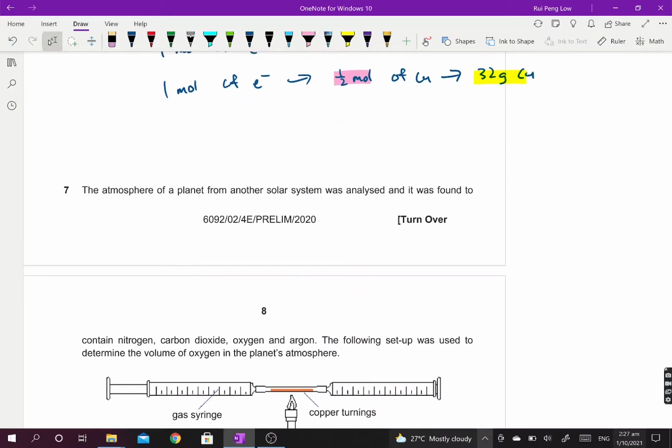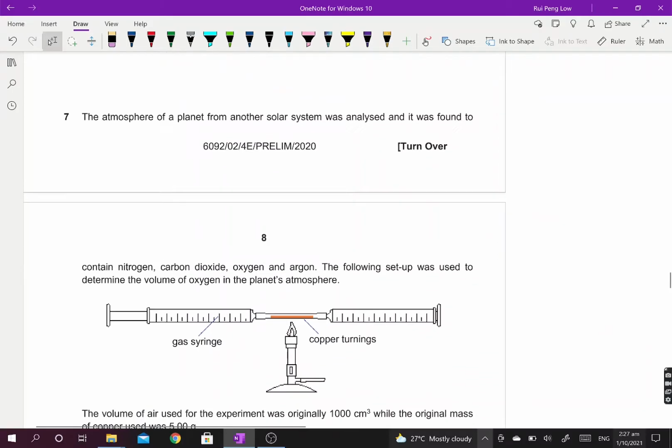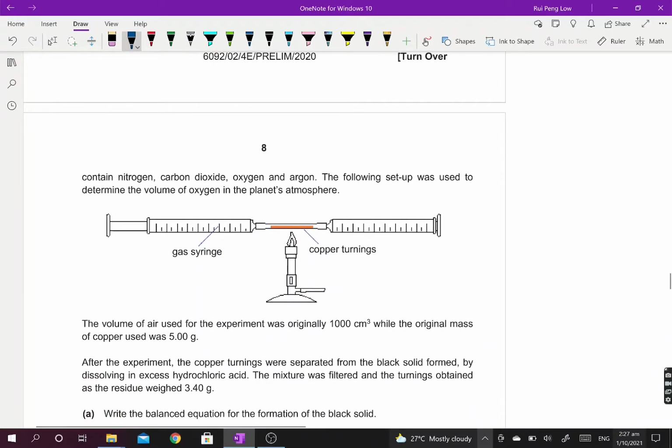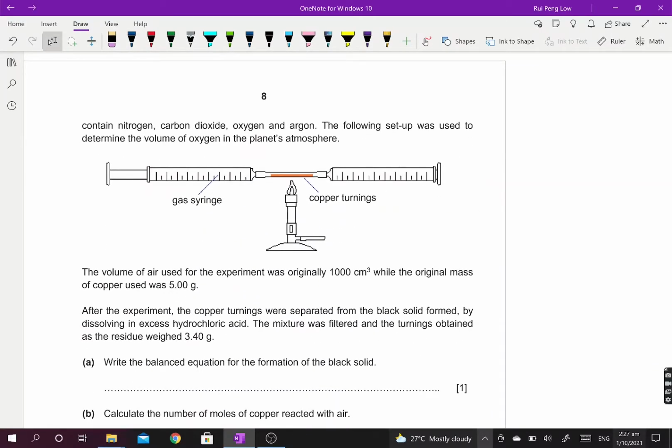Okay, question 7. The atmosphere of a planet from another solar system was analyzed, and it was found to contain nitrogen, carbon dioxide, oxygen, argon. The following setup was used to determine the volume of oxygen in the atmosphere. The volume of air used for the experiment was originally 1000 cm3, while the original mass of copper used was 5 grams.